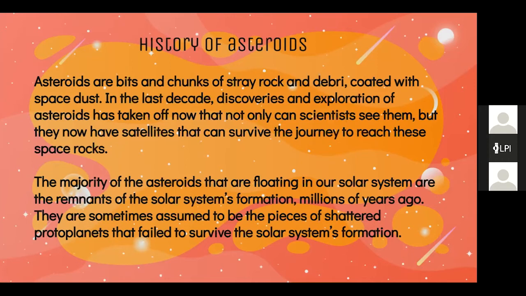The majority of these asteroids are just floating in our solar system, and they could be remnants of the solar system's formation from millions of years ago. They are sometimes confused or assumed to be, like I said earlier, pieces of shattered protoplanets that failed to actually form into an actual planet. So yeah.